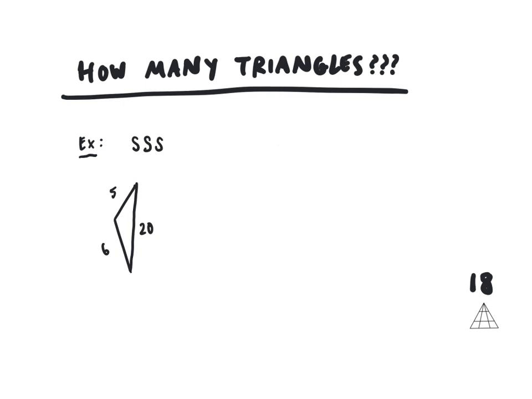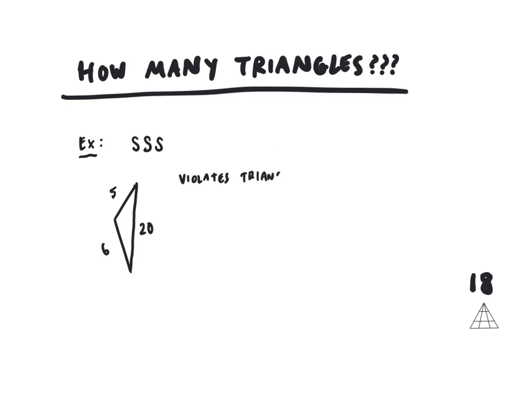This setup right here is an impossibility. You cannot have any triangles with sides 5, 6, and 20 because this violates the so-called triangle inequality.